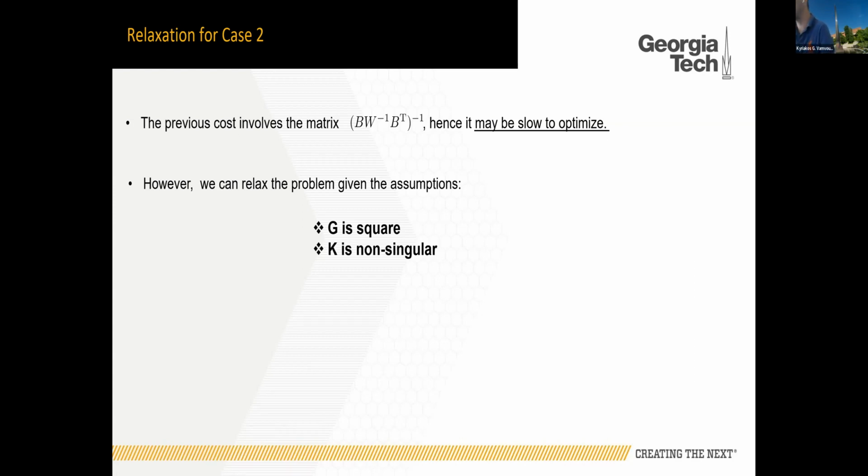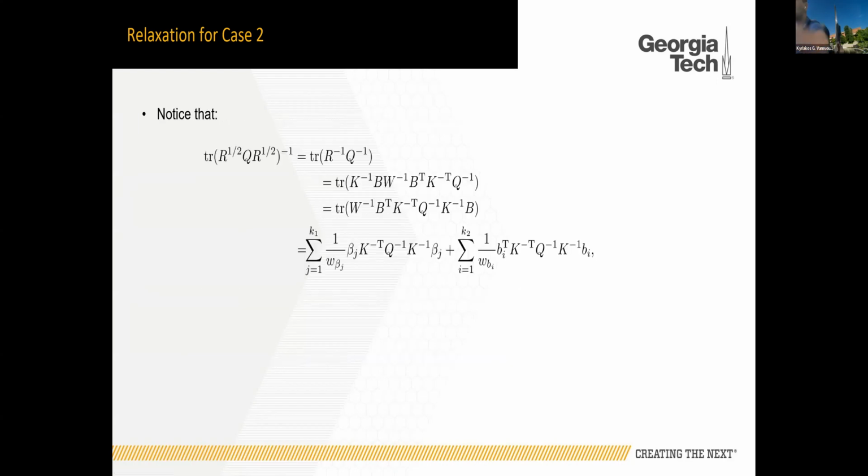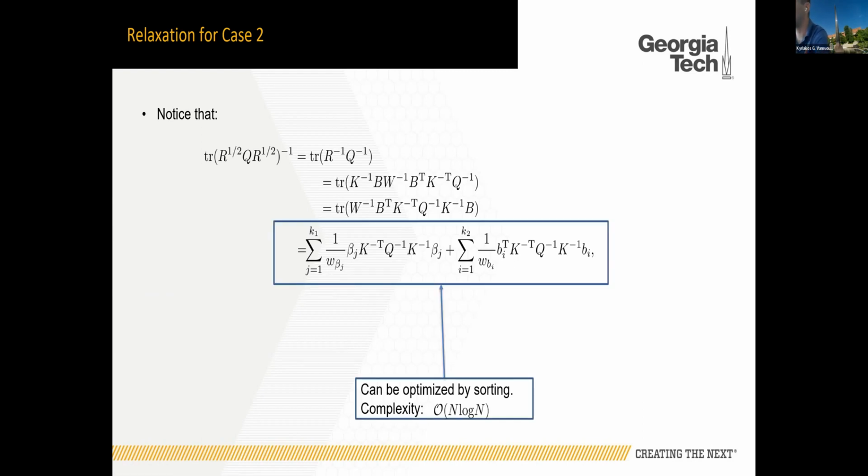But we can actually get some relaxations here. We can assume that G is square and non-singular, and instead of this trace QR, choose B to minimize this thing over here. Then I can write all these things down with respect to the subcomponents of everything. Again, all these things can be optimized by sorting with a complexity n log n.